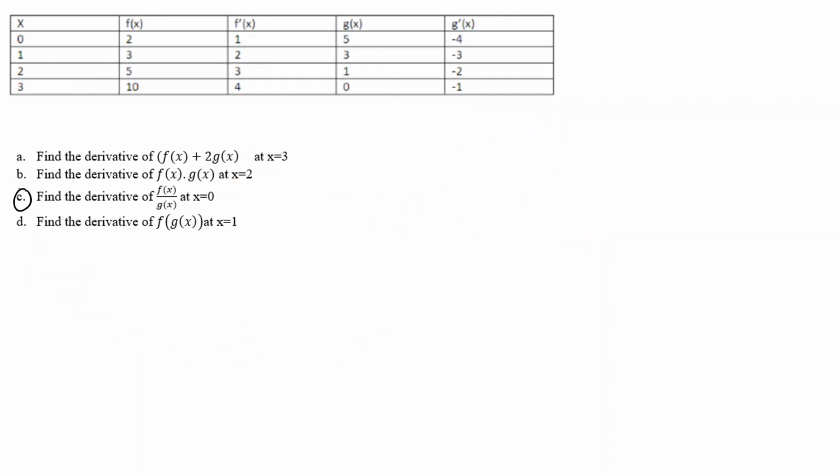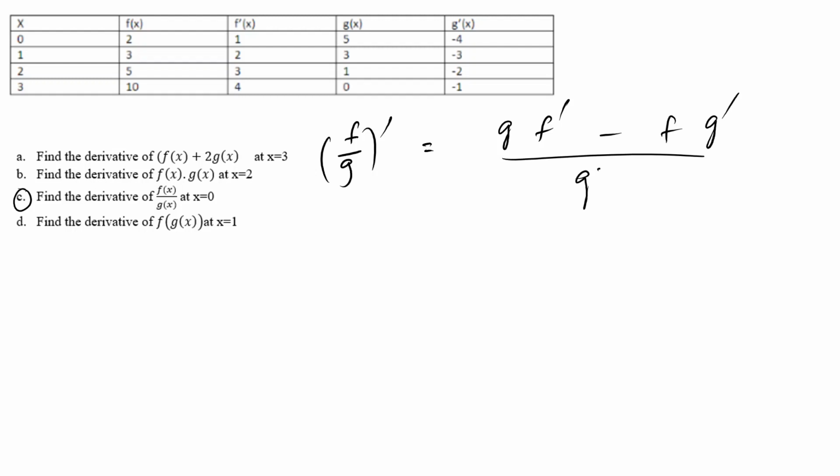Next, part C: find the quotient. Apply the quotient rule to find the derivative of f over g at x equals 0. So the formula is g f prime minus f g prime over g squared.